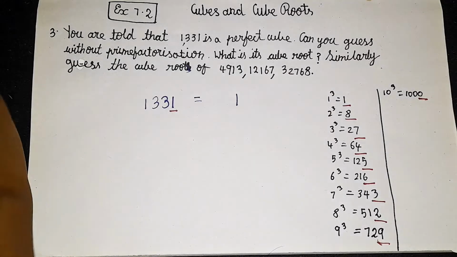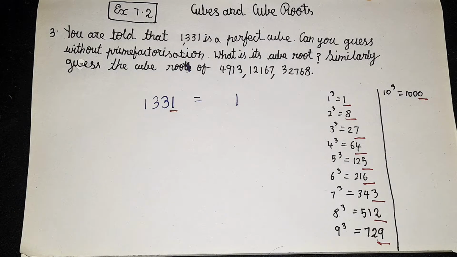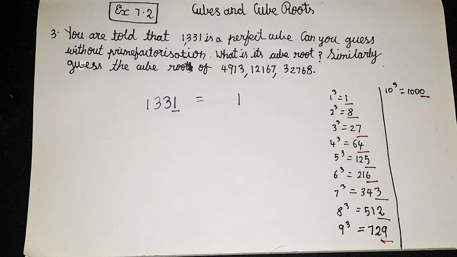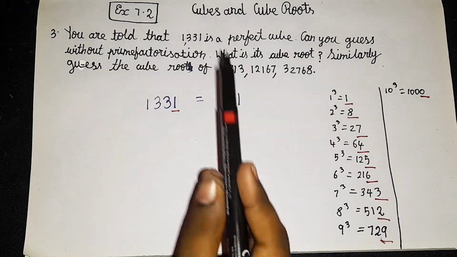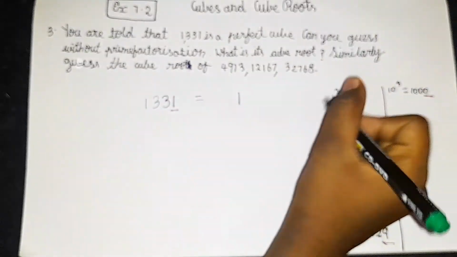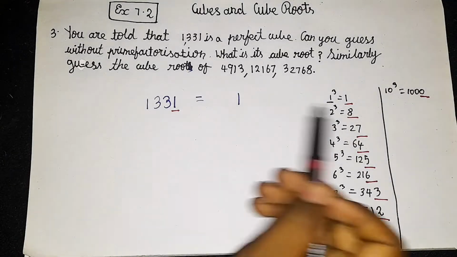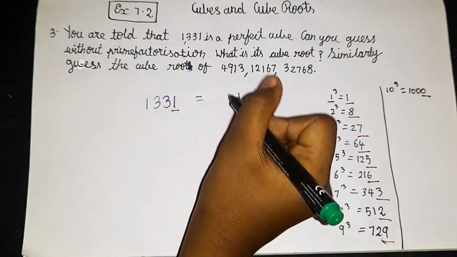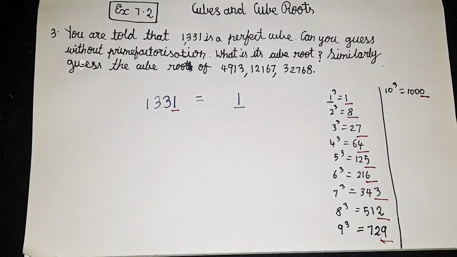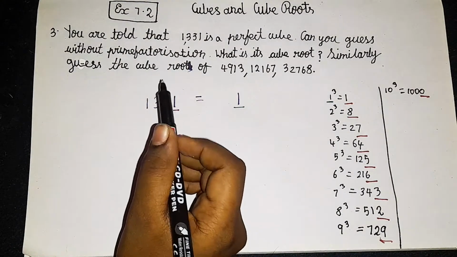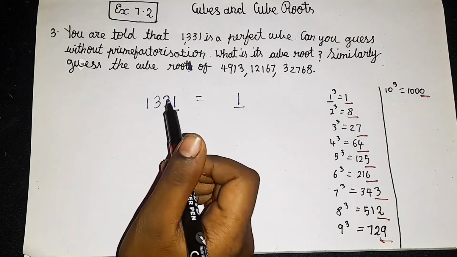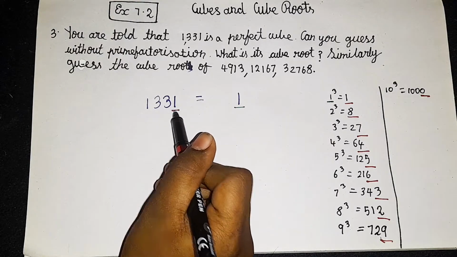One more thing, this is very important. Just keep it in your mind. You can see here I wrote a 1, so you may get confused. Let me explain once more. According to the question, we should see the end digit of the number. The end digit is 1.